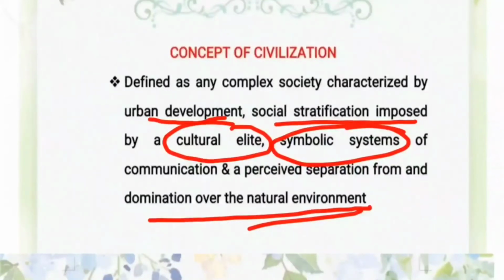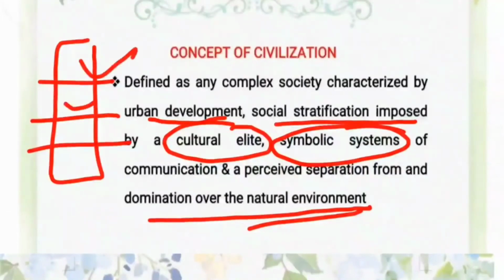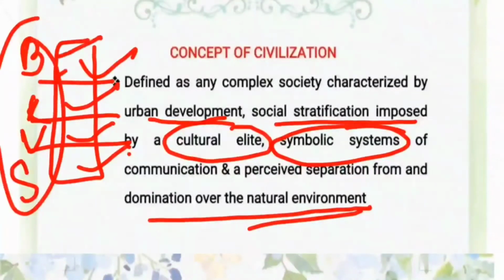There has been social stratification, and this social stratification was imposed by the cultural elite through various symbol systems, like writing systems, some particular books which have included the stratification, like we know the Brahmins, Kshatriyas, Vaishyas and Shudras. So this is depicted in a particular writing system.